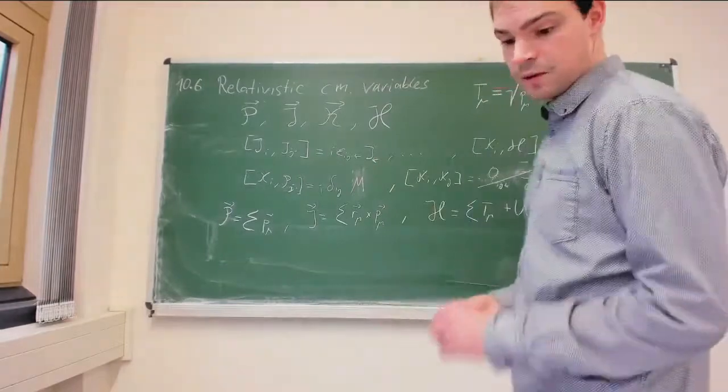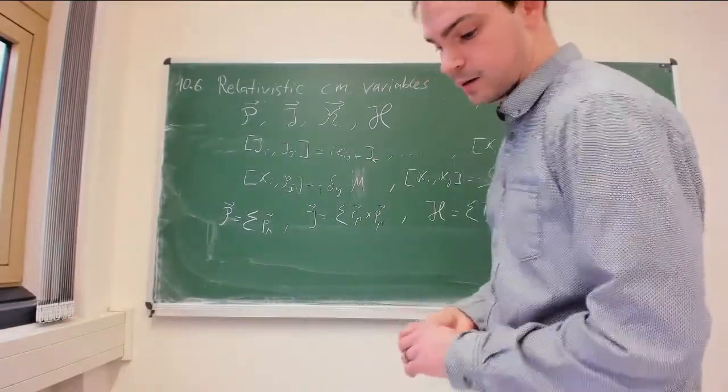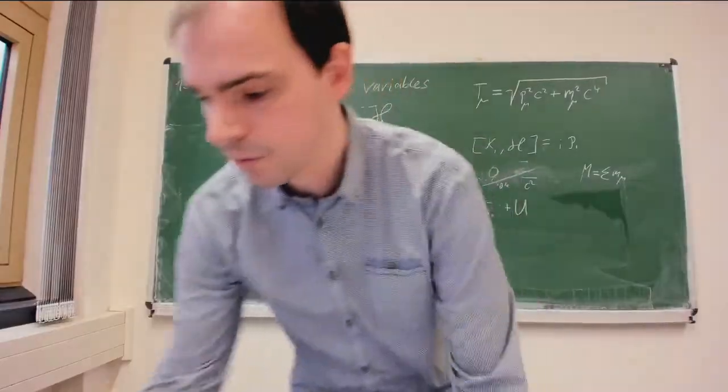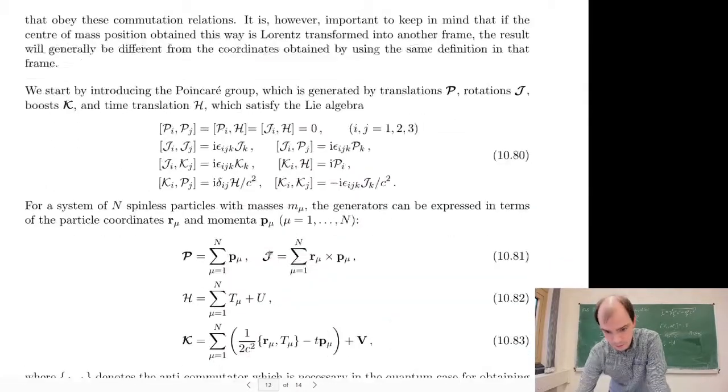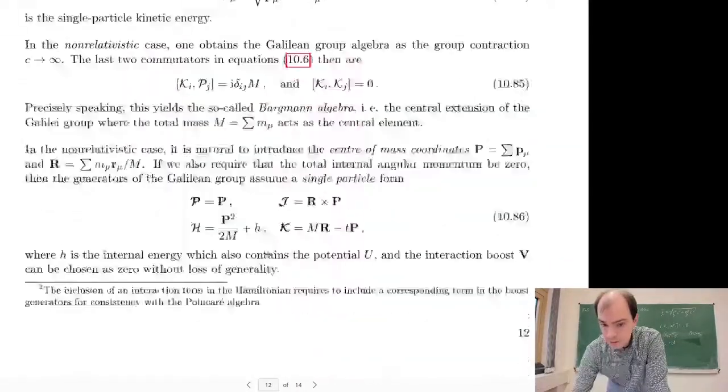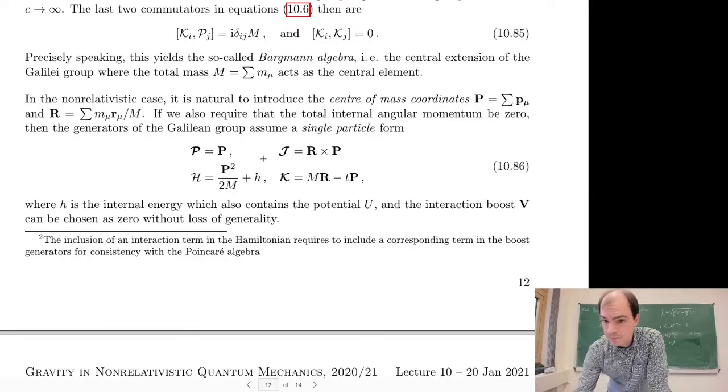So the crucial thing is that we then find, and instead of showing that at the board, I just show you the equation in the lecture notes, that the generators in the Galilean, non-relativistic case take a so-called single particle form.